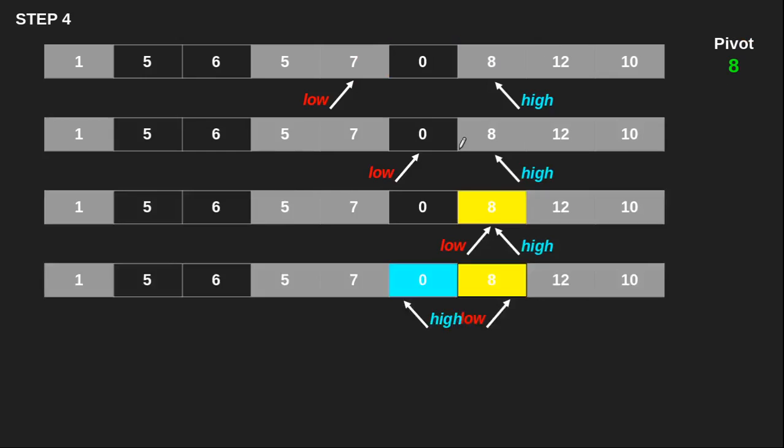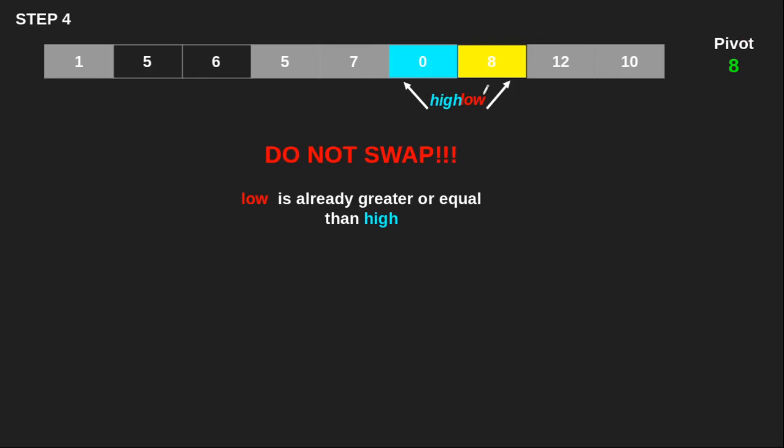So in our case here, high is already less than low, so it's not right to swap these two elements. So we will stop these steps here. You see, it's the last step, and I will not swap here.